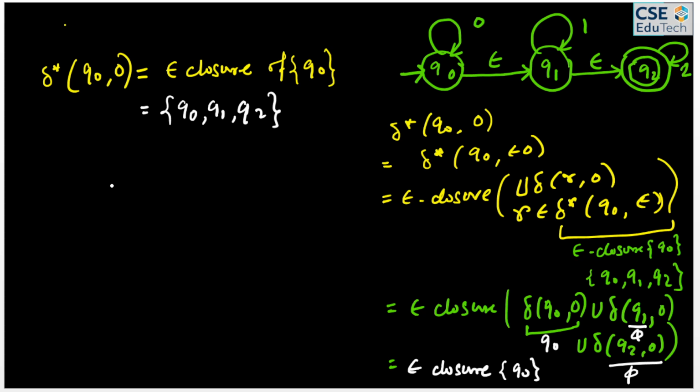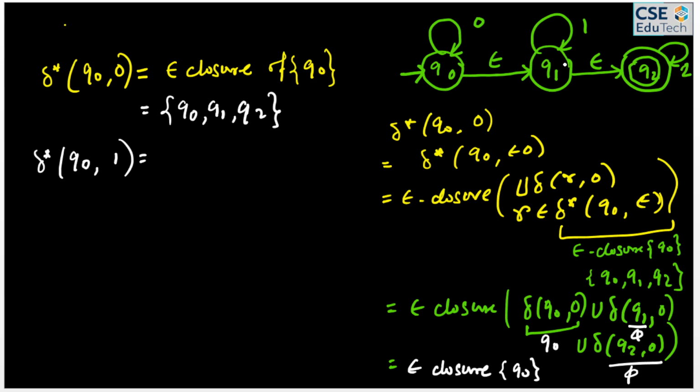Right? Now delta star Q naught 1. It basically gives, from Q naught after reading 1. From Q naught, without reading epsilon, we can go to Q1. Clear? And in Q1, we can exhaust this one. Clear?